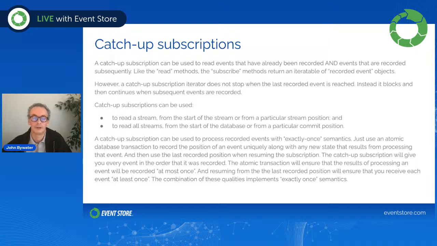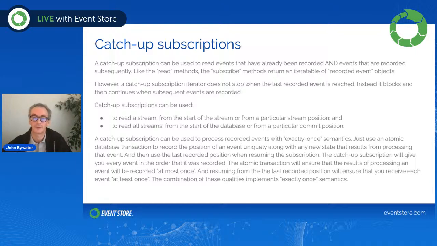And the really great thing with catch-up subscriptions is that they can be used to process recorded events with exactly once semantics. So just to detail that a little bit, you just need to use an atomic database transaction to record the position of an event uniquely, along with any new state that results from processing that event, and then use the last recorded position when resuming the subscription.